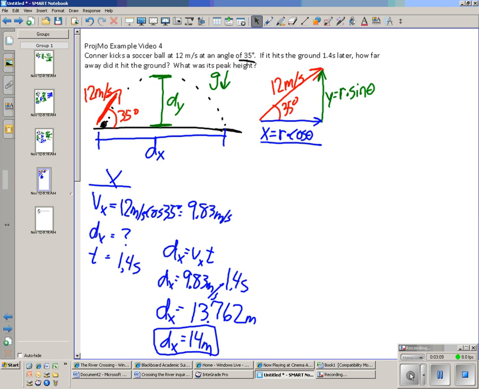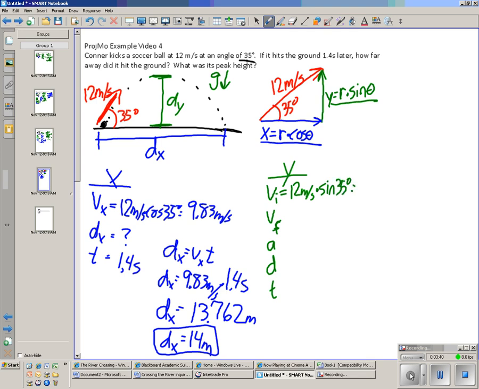Now I can do a similar thing for the y-axis. I've got my list going for the y-axis: initial velocity, final velocity, acceleration, displacement, and time. Initial velocity, as we mentioned, we'll be using r times the sine of theta, so that's 12 meters per second times sine of 35 degrees.